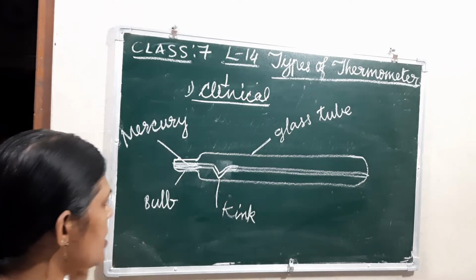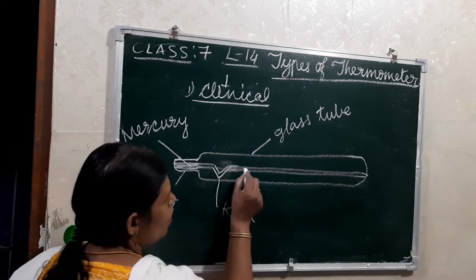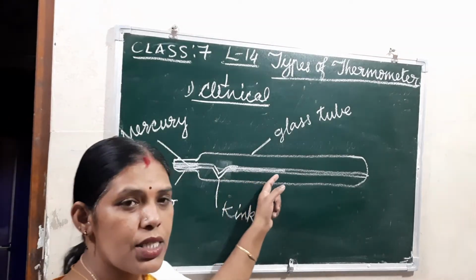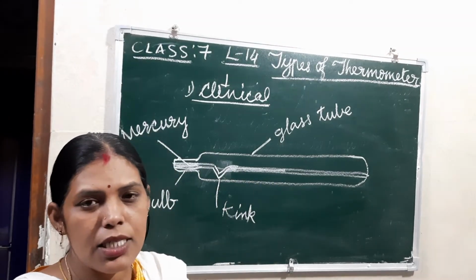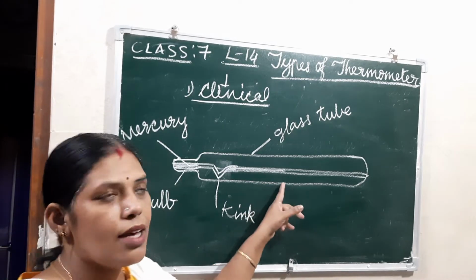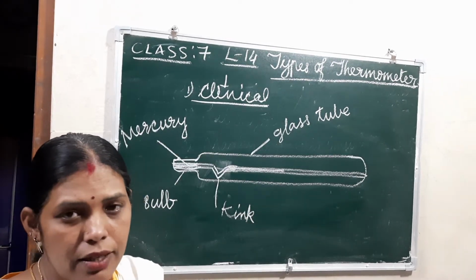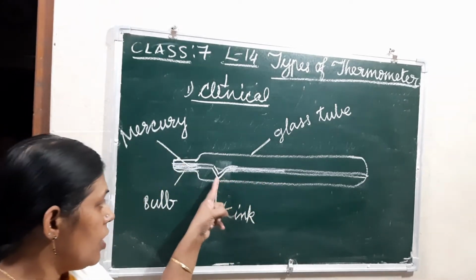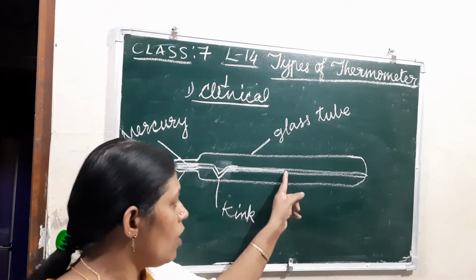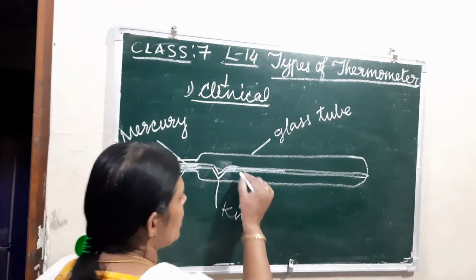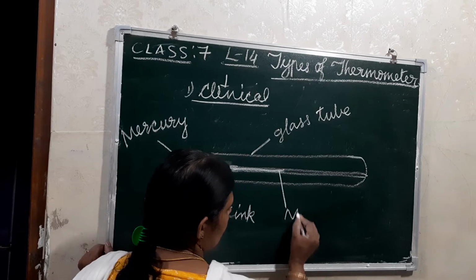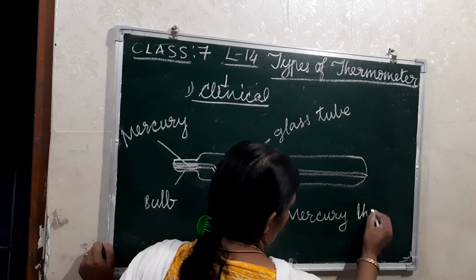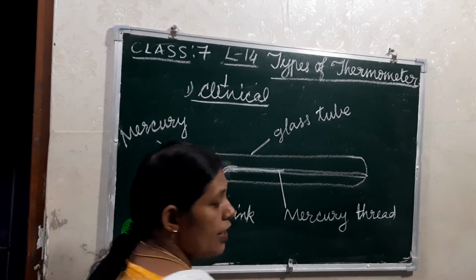Once we keep it on the person's body and measure, the mercury rises up, and then we have to read the temperature. For that, the kink helps the mercury thread.